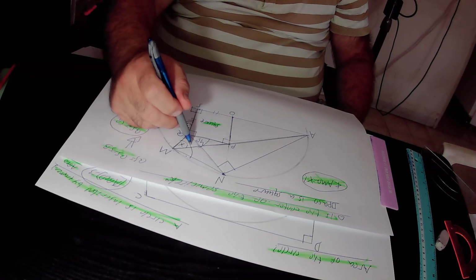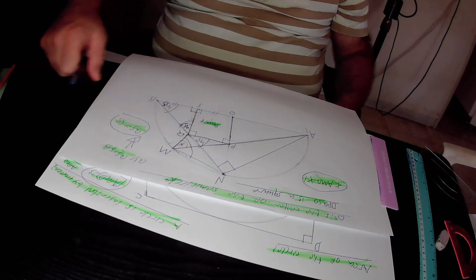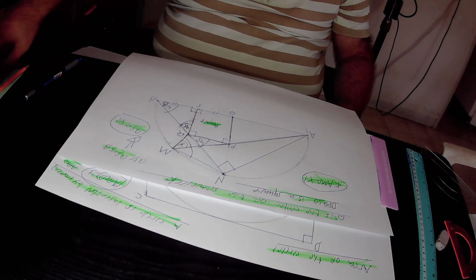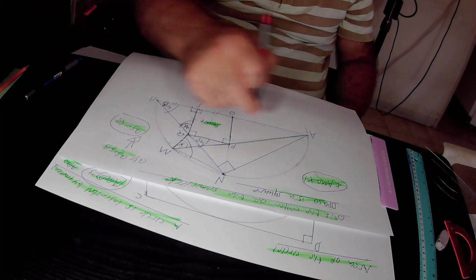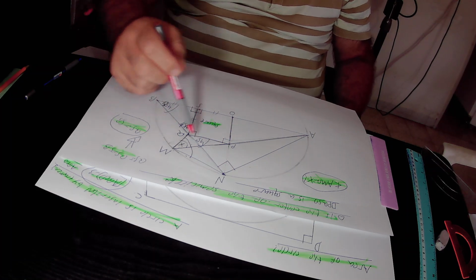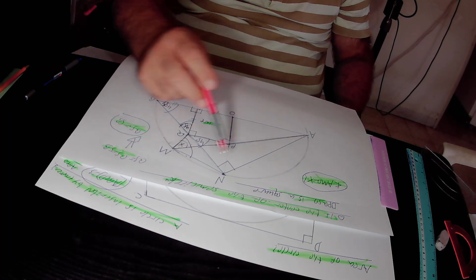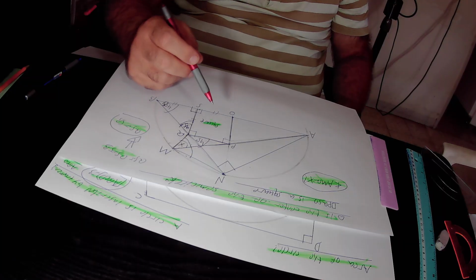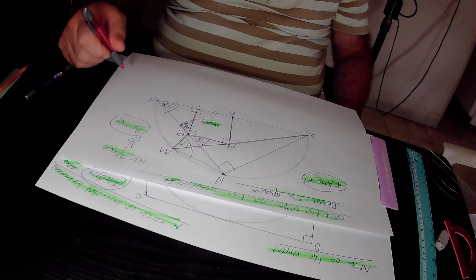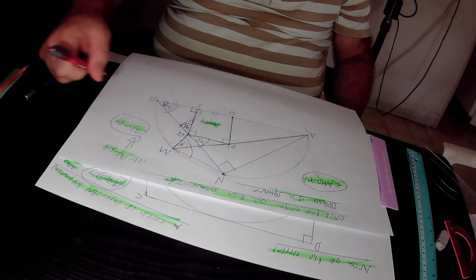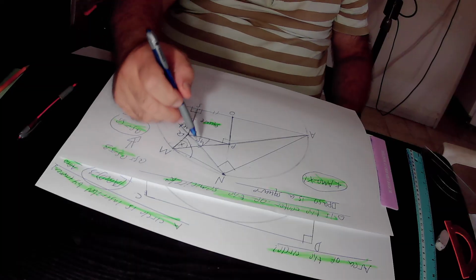This is peripheral angle NMA, it also subtends on the same chord AN, and therefore it is equal to 45 degrees according to rule 16.